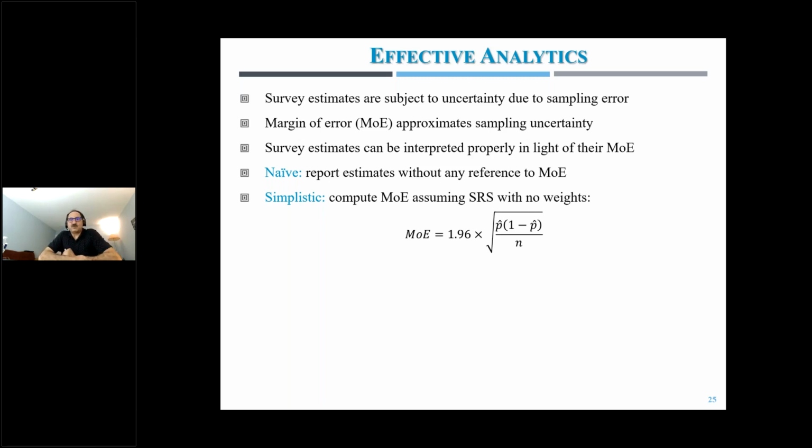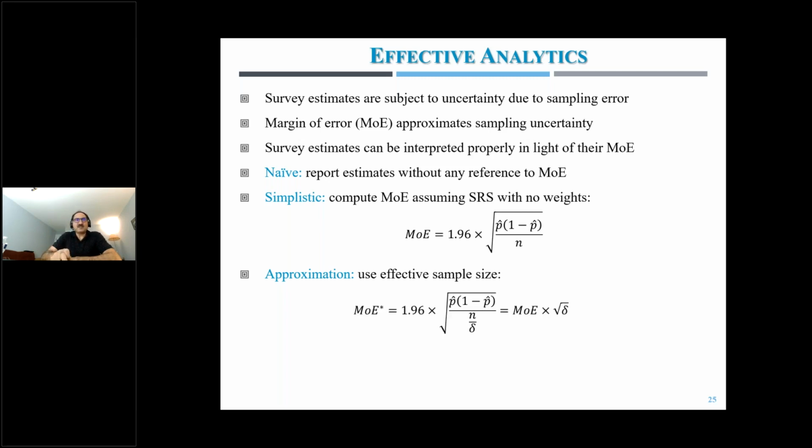So for example, when you're producing estimates of population percentages, you can use this simple formula. A yet more refined approach is to recognize that weights are involved and therefore not use the unweighted sample size and instead use the effective sample size, that unequal weighting effect that I mentioned, and therefore reflect that with weighted data there is more uncertainty and hence reflect that in your inferential procedures.